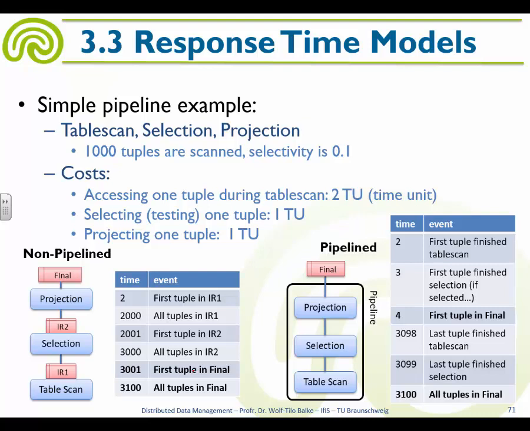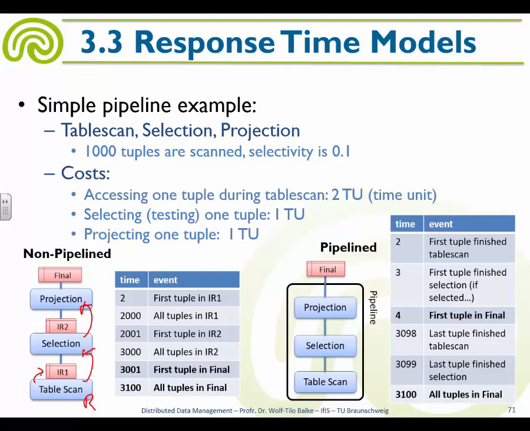Simple pipelining example: table scan, selection, and projection. It's kind of similar to the example that I just showed you. You have a table down here, you do a table scan over the table, get all the data out of the table, put it into a selection, and then put it into a projection, right? So at time 2, the first tuple arrives in the intermediate result.